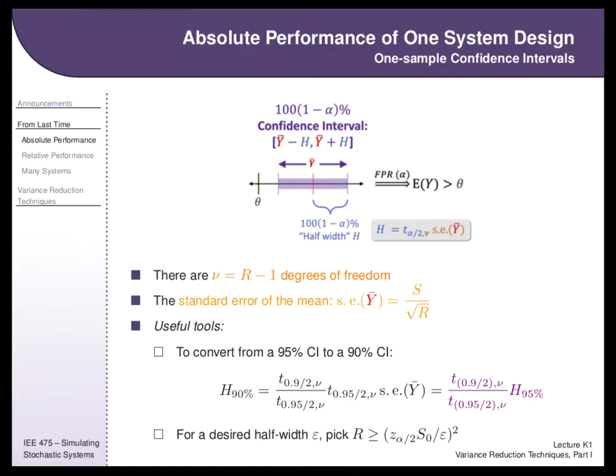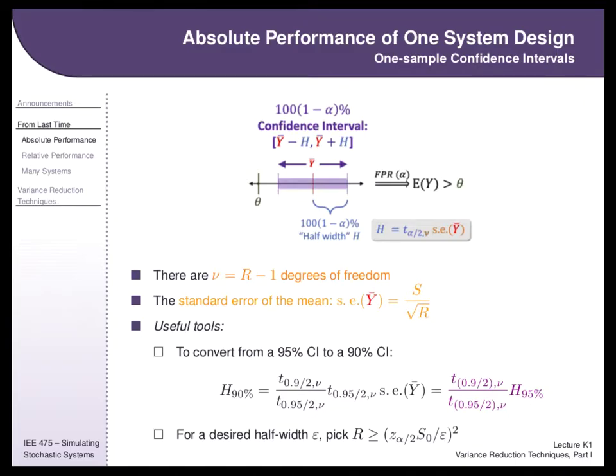If I look up the critical t-value for the 95% confidence interval and for the 90% confidence interval, I divide the 95% half-width by the 95% critical t-value, and then rescale it up by the 90% t-value, then I will get the 90% confidence interval.